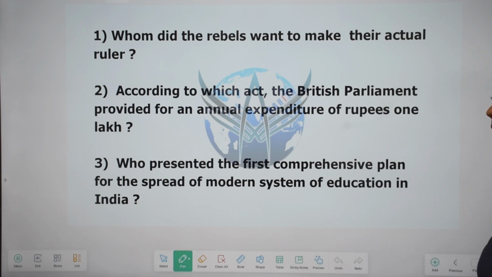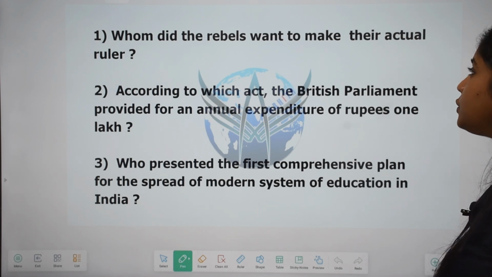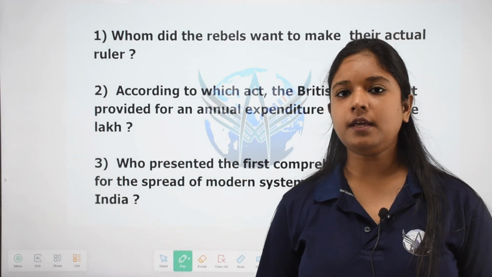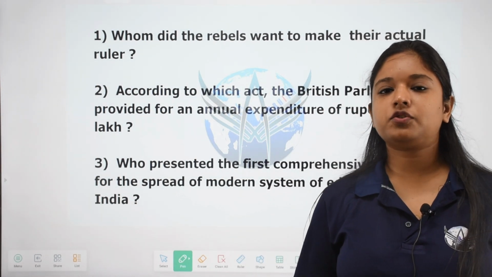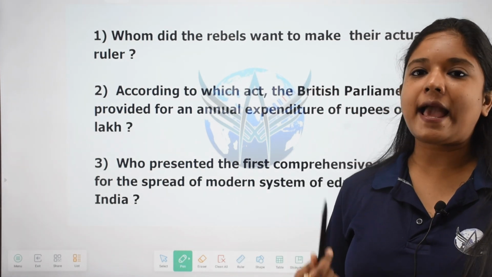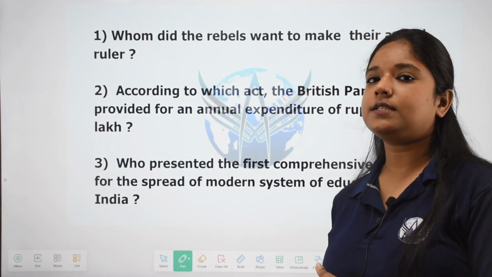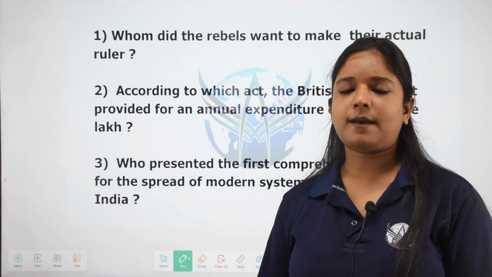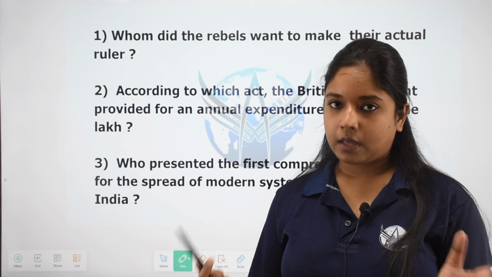First question: whom did the rebels want to make their actual ruler? Monot ase ne, the British initially came to India to establish trade relations, right? Trade purposes loi teolok Indian ahisil, but then gradually the downfall of the Mughal empire paved the way for them to establish political rule in India.